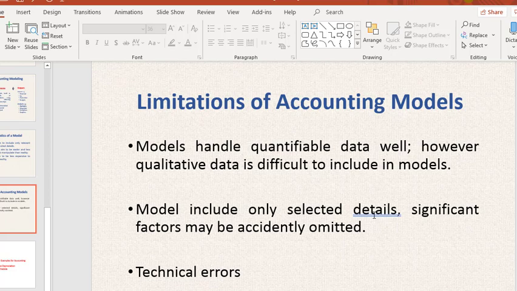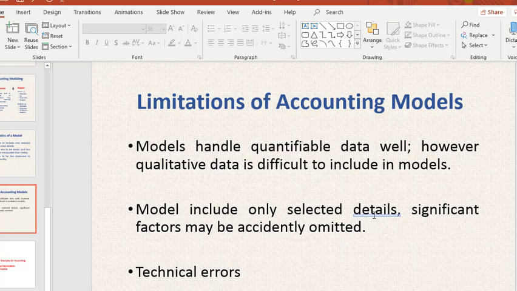If you plan carefully, then you can minimize most of these limitations. And technical errors: once the model is developed, it is very unlikely to have errors, but during the development stage there's a possibility you may make some technical errors, right?